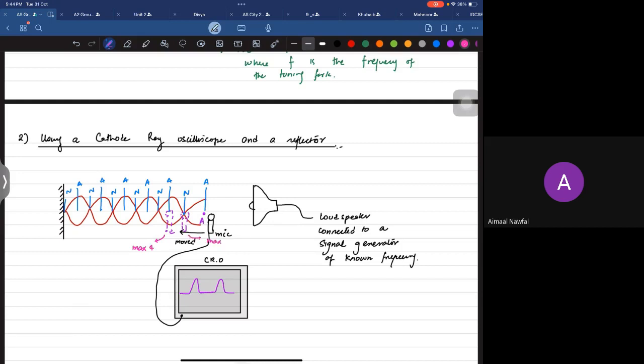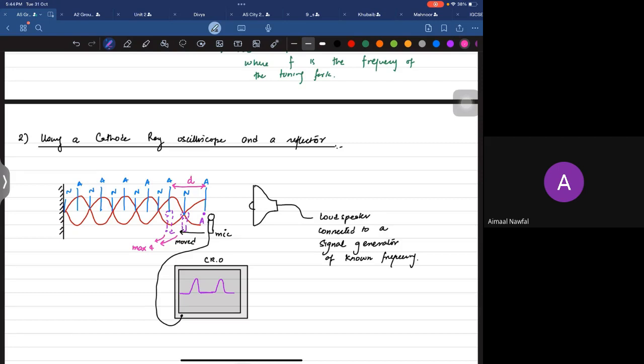Is that clear? Which basically means that if I could find the distance that I moved from this point to the next highest amplitude, I can find the wavelength. Do you get it?